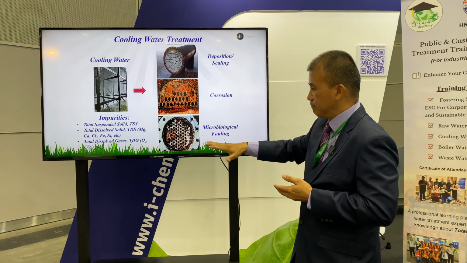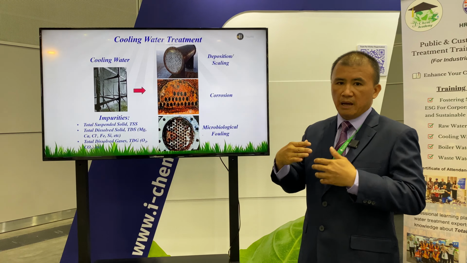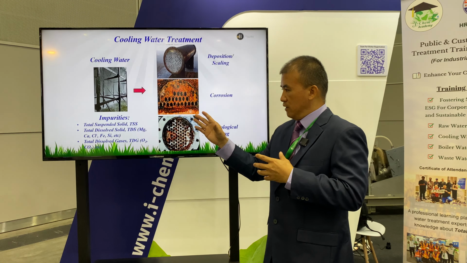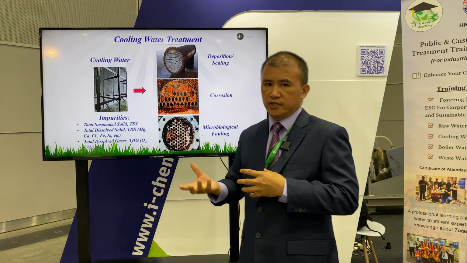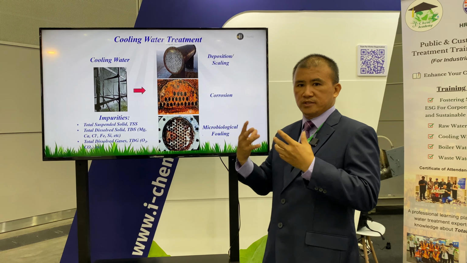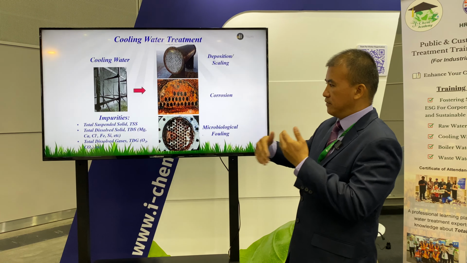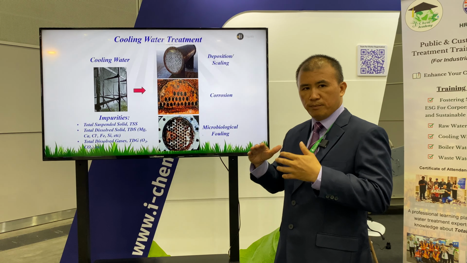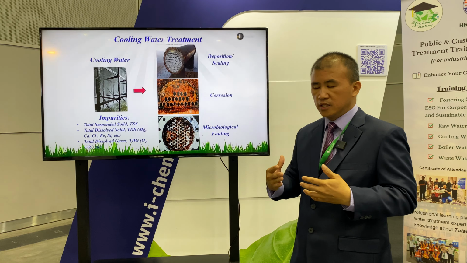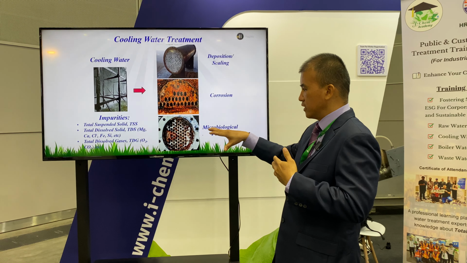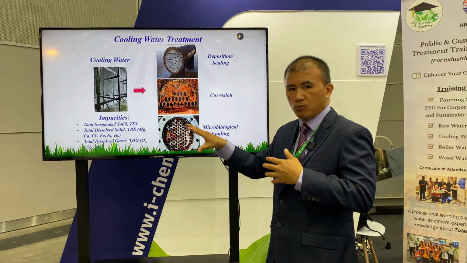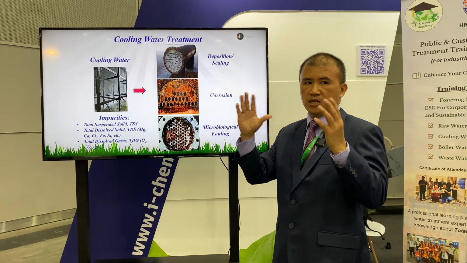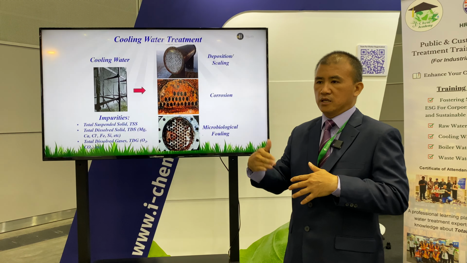Another problem that will not happen in a boiler, but will happen in cooling water, is biofouling. Generally, the water contains a lot of nutrients and is also exposed to sunlight, so when the system is running, microbiology will form if we don't treat it properly by using biocide to control it. The algae will grow and block the condenser, and the consequence is that heat transfer efficiency drops.